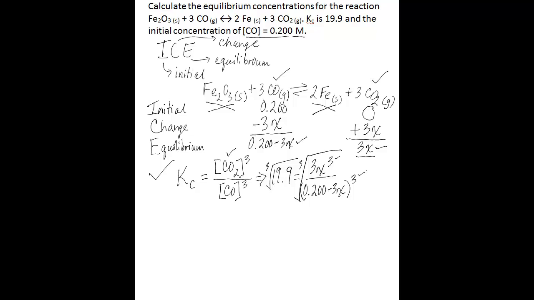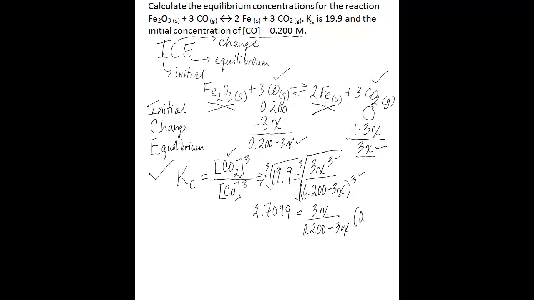So when you do that, you'll get 2.7099 is equal to 3x over 0.200 minus 3x. So you've gotten rid of those cubed terms, which is good. That'll make it easier to solve for x.